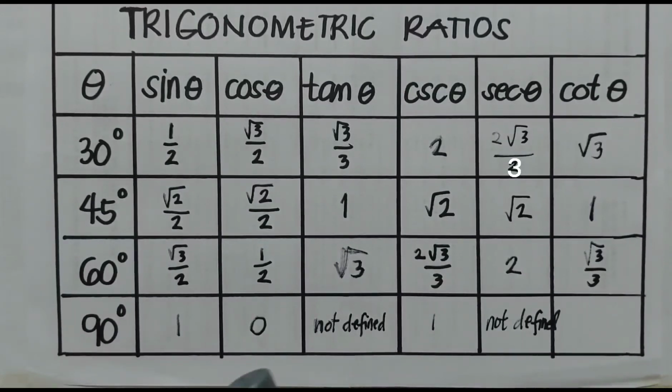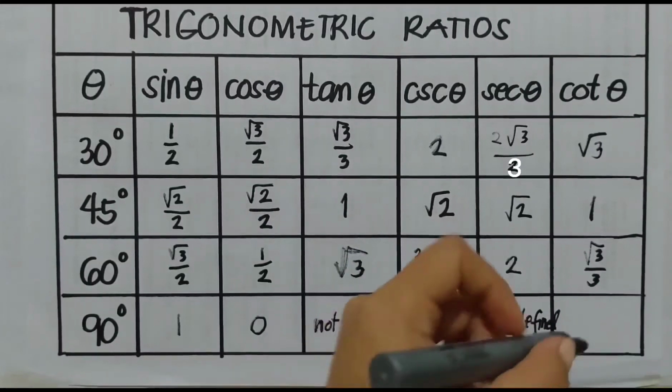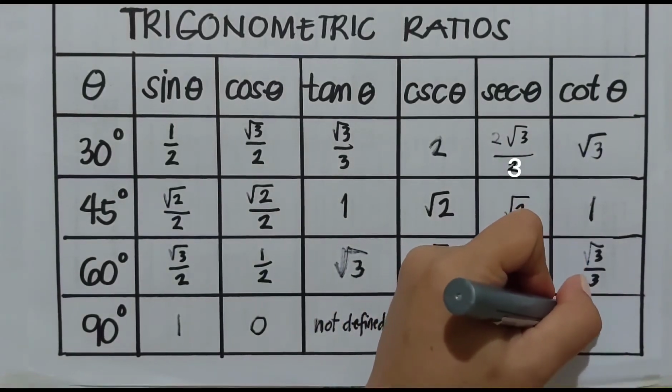When 0 is in the denominator, it becomes undefined. For cotangent, it is the inverse here, so it becomes 0.